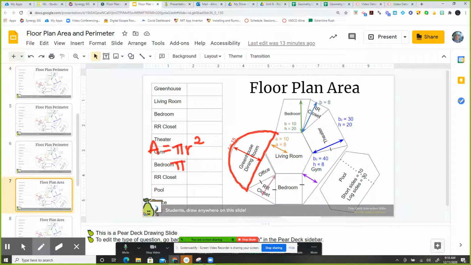So that's pi times 15 squared, which is 706. And that's square feet. What do I have to do to that since I have a semicircle? Divide it by 2, absolutely. So when we divide it by 2, the area of my greenhouse dining room is 353.25. And that's square feet, right?